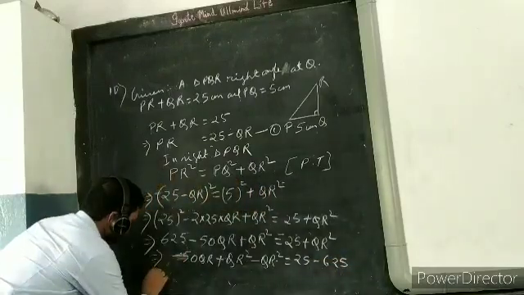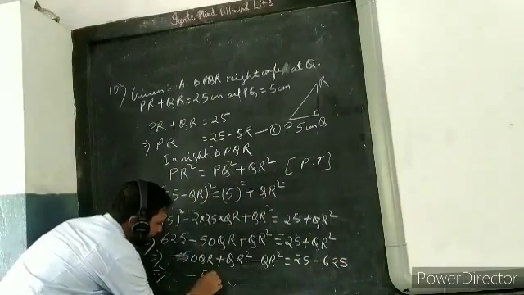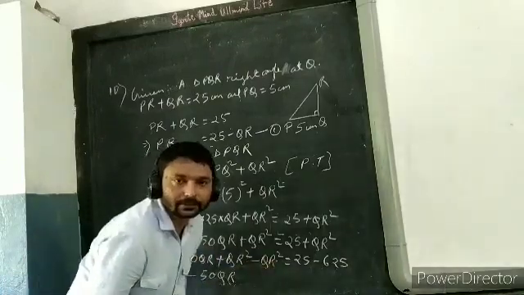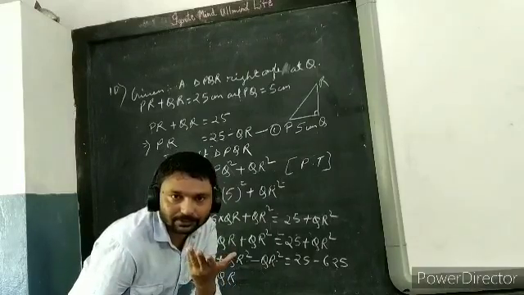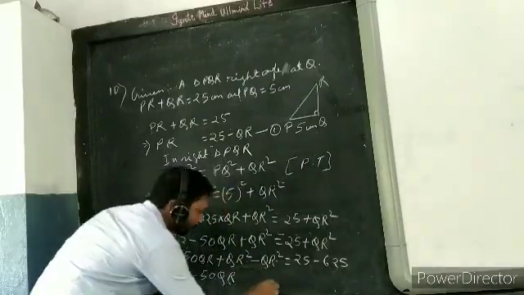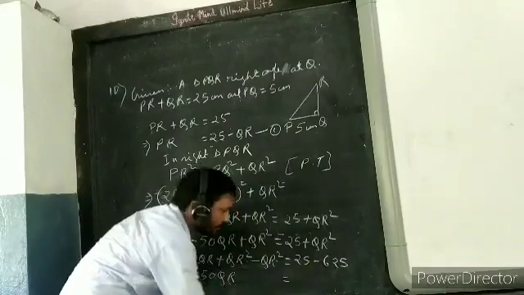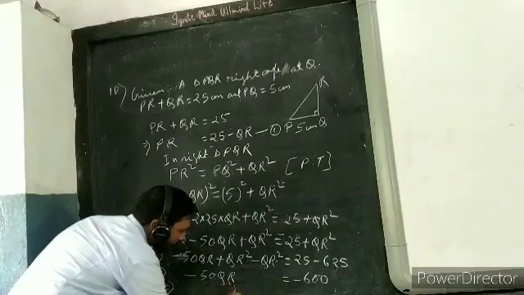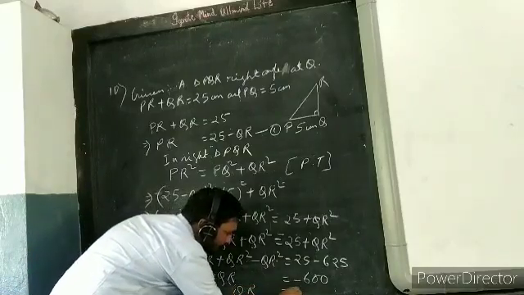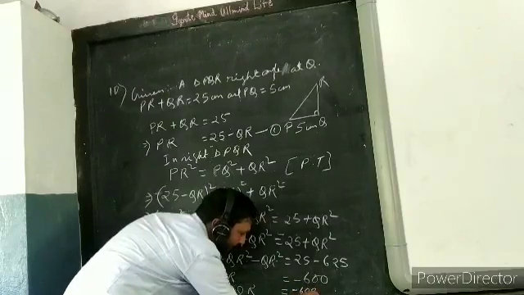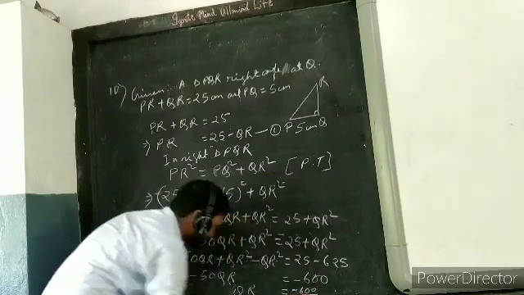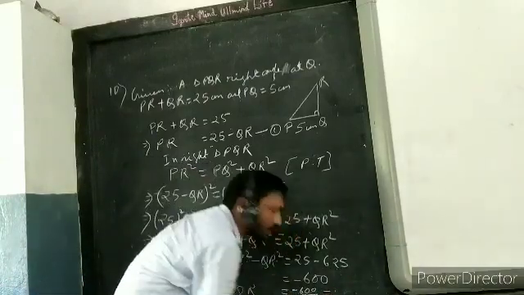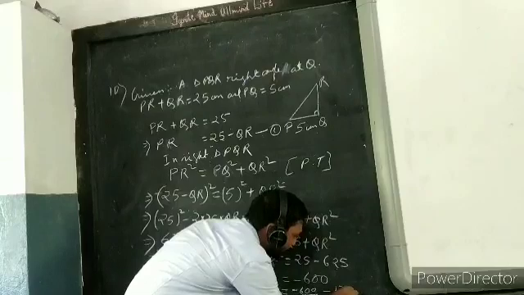Now you just see here, minus 50 QR will remain because QR square minus QR square is 0, equal to 25 minus 625 is minus 600. Now which implies QR is going to be minus 600 divided by minus 50. This minus 50 will go this side, it will go in denominator, if we cut it, it is going to come 12 centimeter.